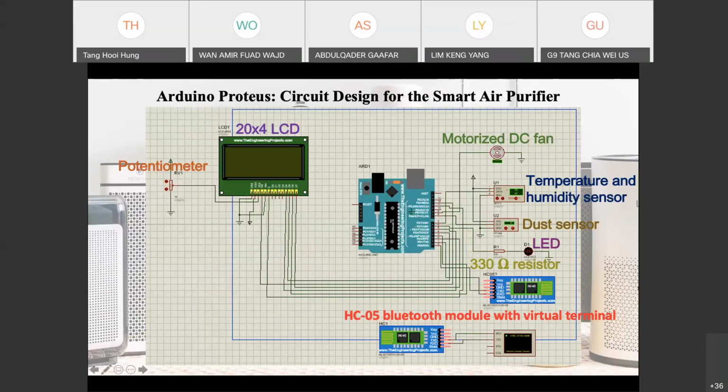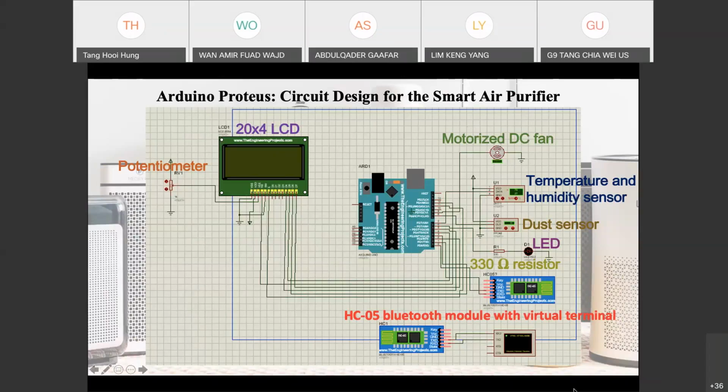The next one is our LED. The LED is an indicator for the air purifier circuit when the concentration is more than 600. It means the smart air purifier will start to function, and hence the LED will light up and tell us that the smart air purifier is operating.